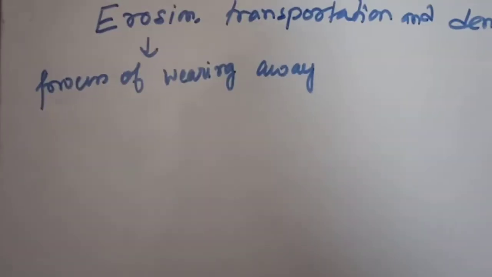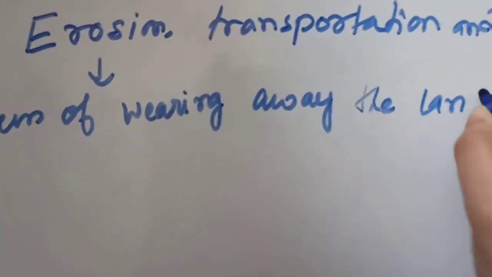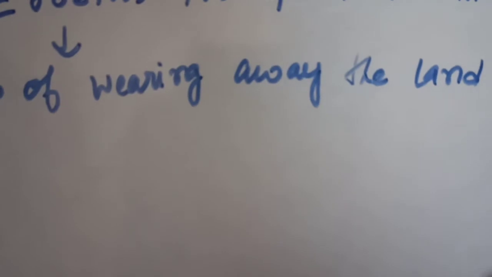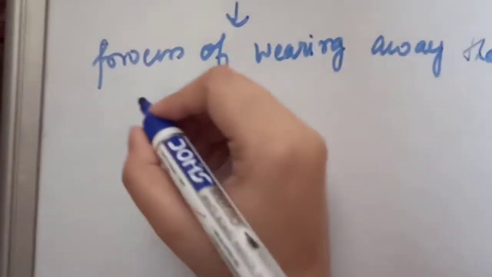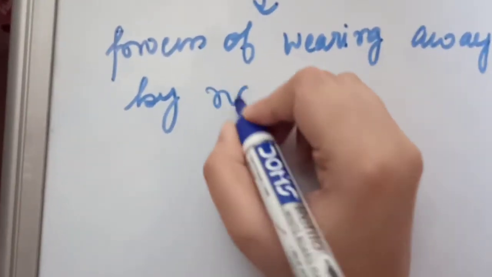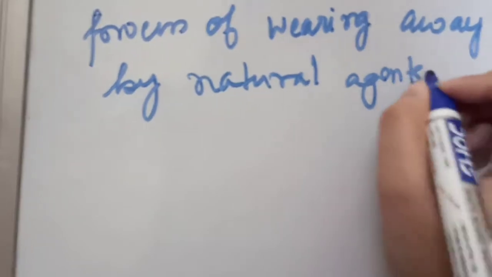So what is this erosion? Erosion is a process of wearing away the land surface by the natural agents.